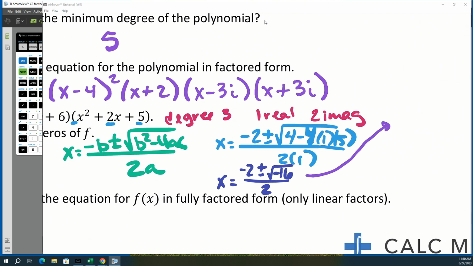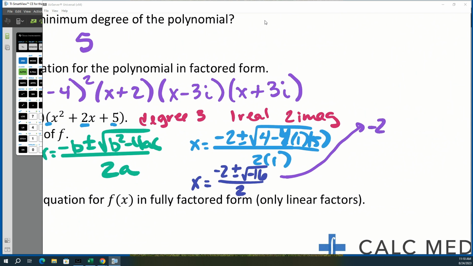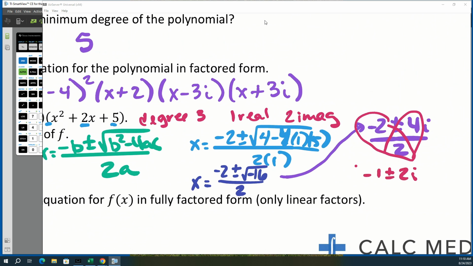All right, so what is the square root of negative 16? 4i. And then try your best to remember that when you're doing the quadratic formula, you wait to the very end to reduce it. I always draw this heart. And if everything inside the heart can be reduced by the same number, then do it. If it won't, then you can't. And always wait to the end. And so everything inside the heart can reduce by 2.